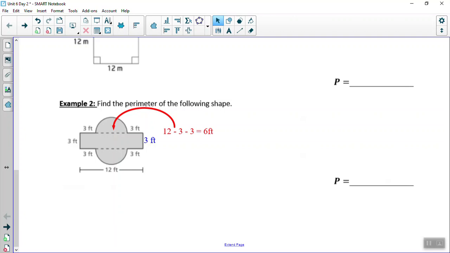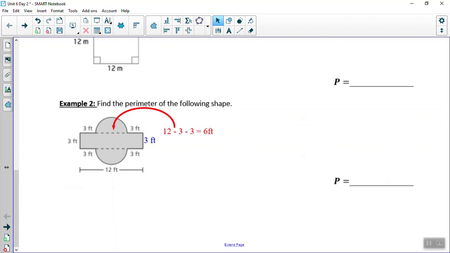To find the diameter of that semicircle, we take this whole distance, which is 12, and subtract out this 3 and this 3. So 12 minus 3 minus 3 gives us 6 feet. This semicircle has a diameter of 6 feet.